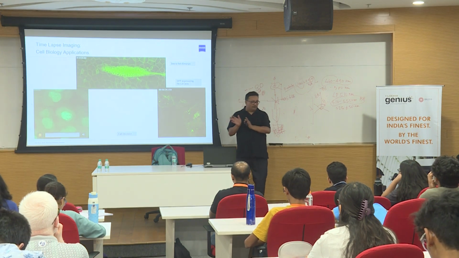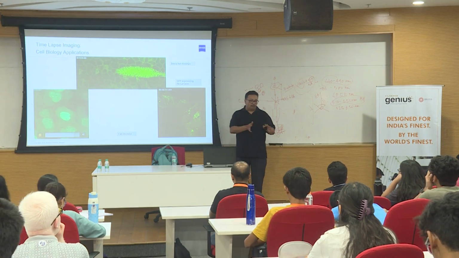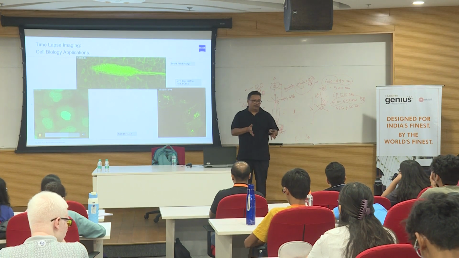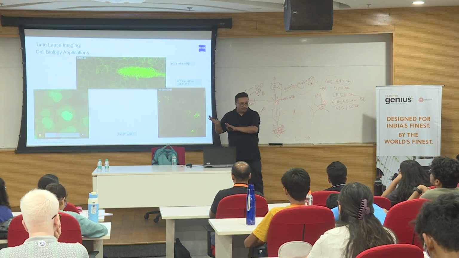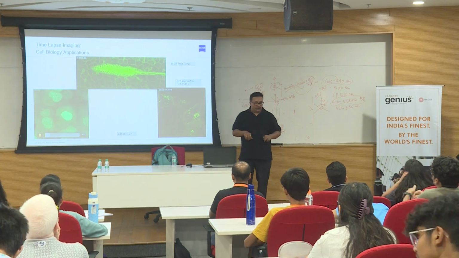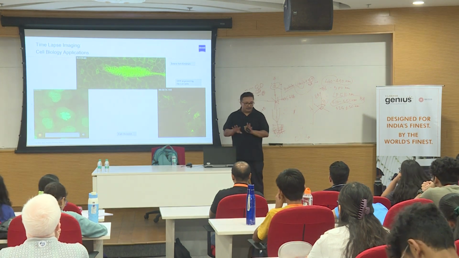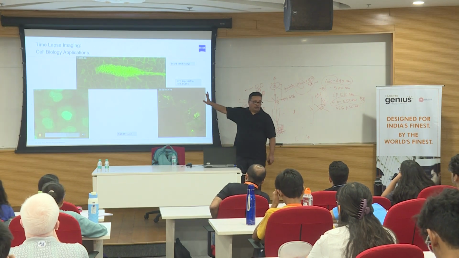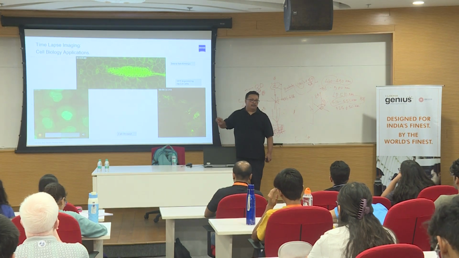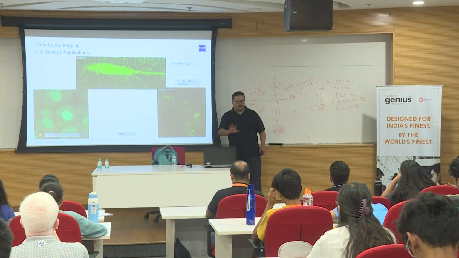Apart from being suitable for fixed samples, I want that system to be active and good for live samples also. So it's all the instrumentation part that you have to play with a bit and then set the parameters or the experimental setup in such a way that all these types of experimental data can be acquired without much limitation.